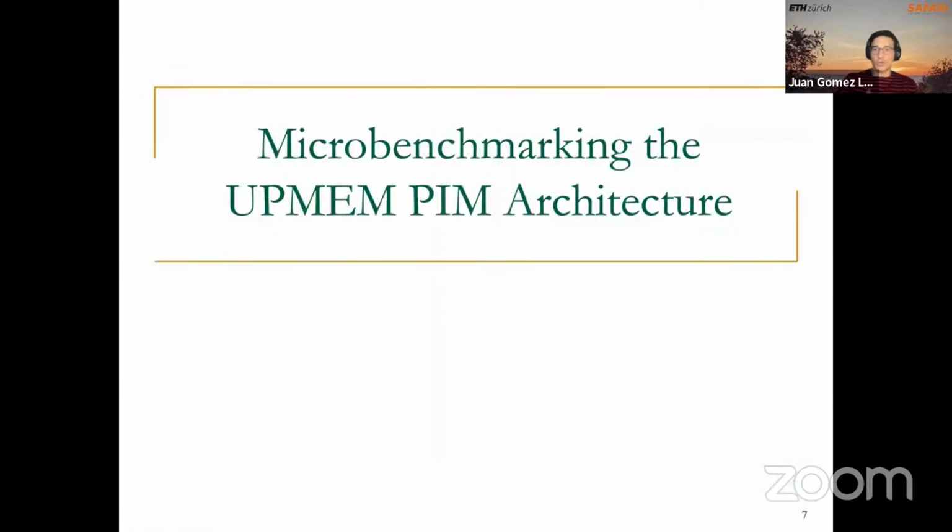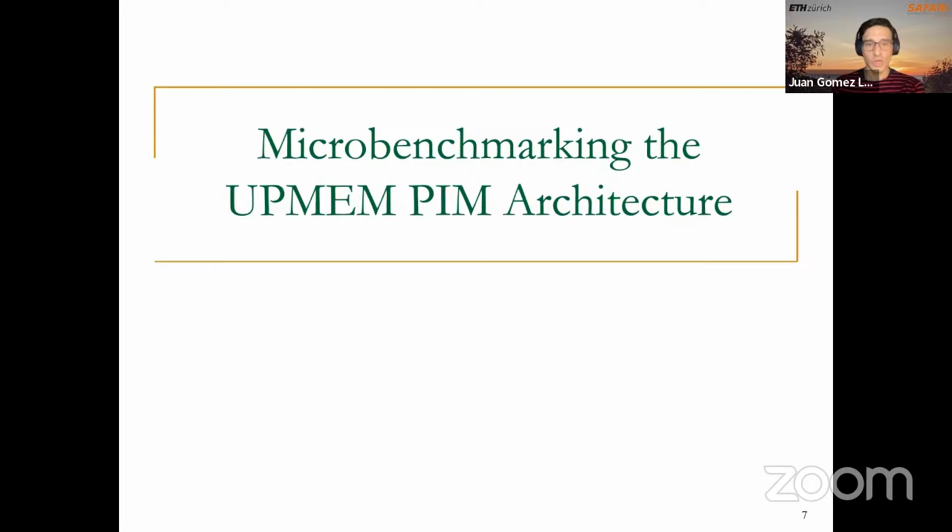Okay, so now we are going to start understanding even more about these DPUs and about this PIM architecture. And the way to do this is to do some microbenchmarking. The idea of microbenchmarking in general is using very simple programs that can help us characterize the inherent characteristics of this architecture.